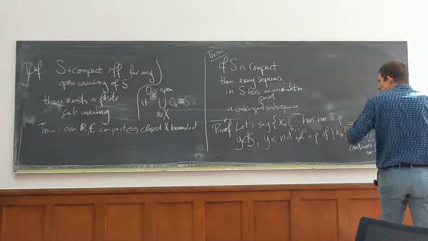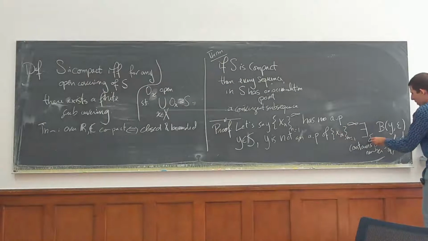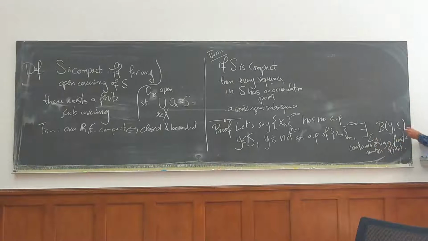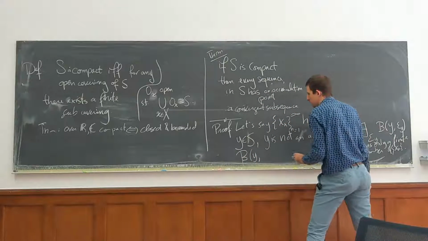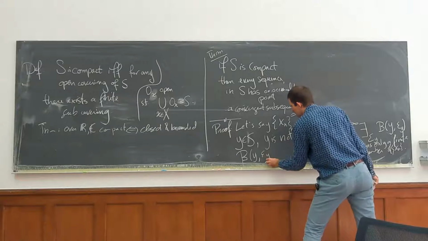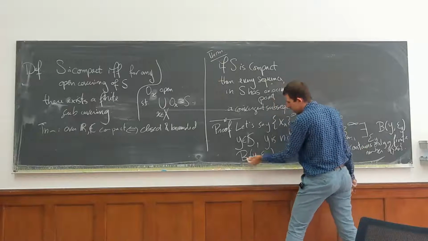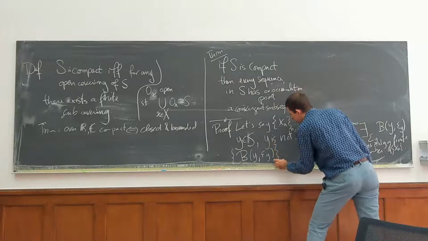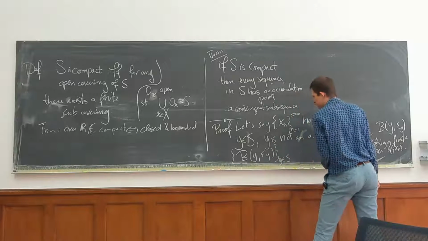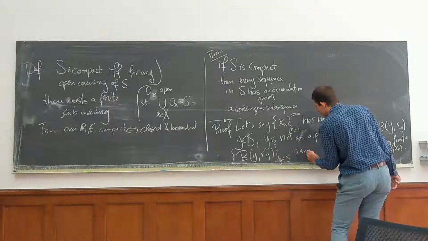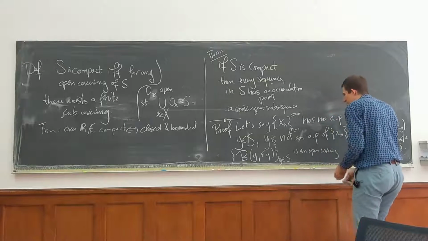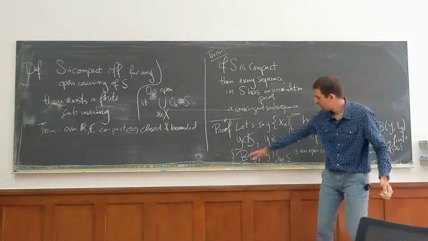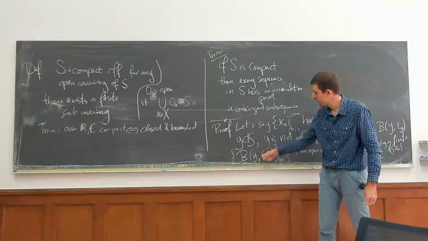Now, to make this easier to write, let me index this on epsilon of y. And this is definitely an open set, B(y, epsilon_y). If I take the set of these open sets for all y in S, it is an open covering, because every single point in S is in one of these open sets.